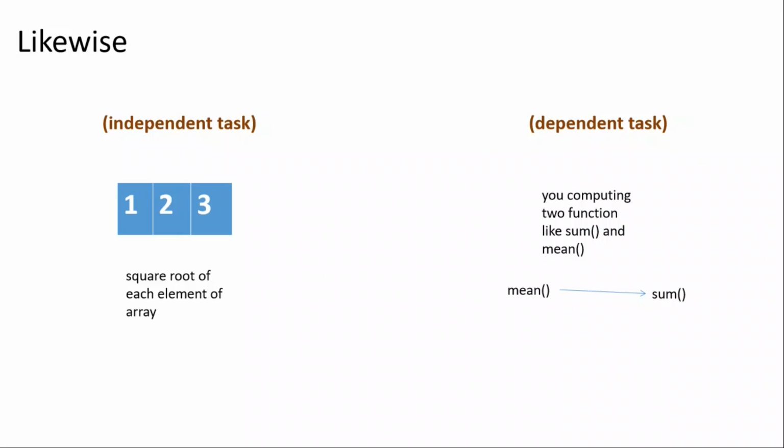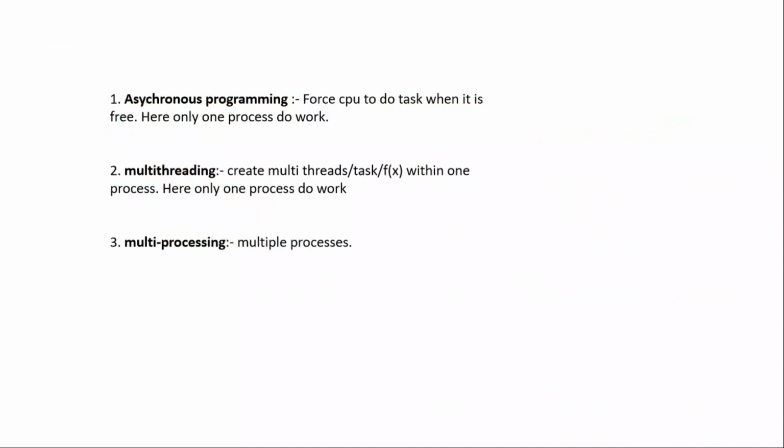There are three methods of doing parallel computing in programming. Asynchronous programming: here, we force the CPU to do a task when it is free, and only one process does the work. In multi-threading, we create multiple threads. A thread is simply a function within one process, and here also only one process does the work.